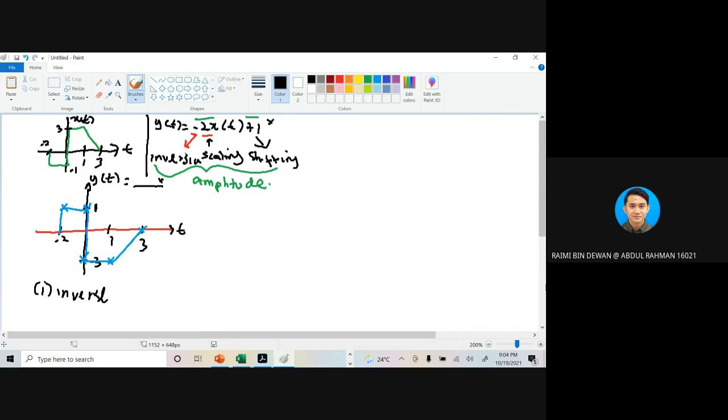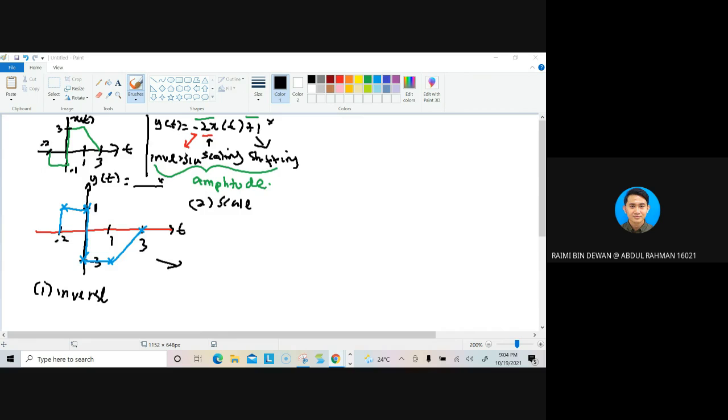Now we have done the first step, which is inverse. Now we consider the second step, which is scale. Scale from this. You see here, now we scale as twice as big. Twice as big means that because it is 2, the amplitude will be times by 2.